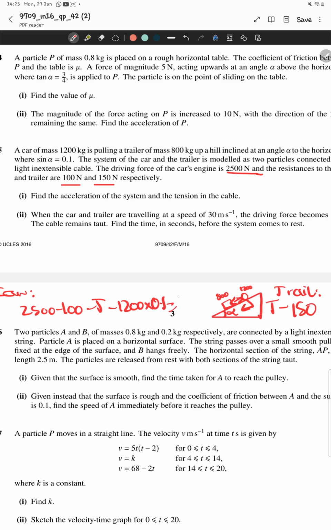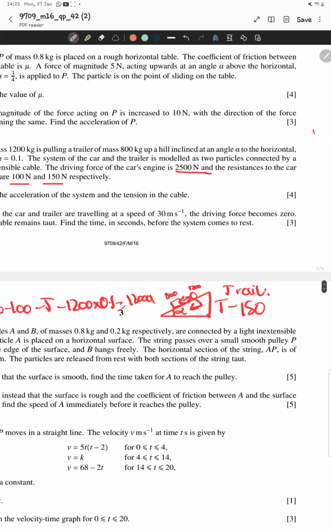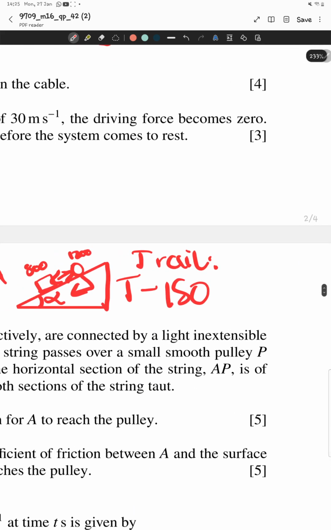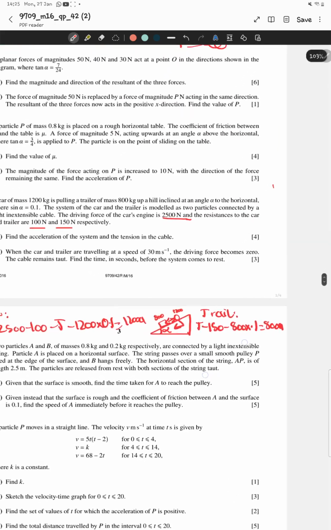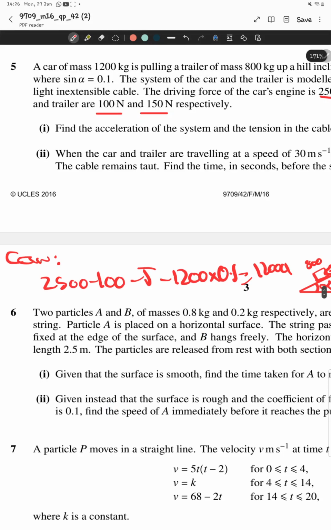So equals 1200 A. And the trailer will be T, the forward force, minus the resistive force, minus the same thing with 800 times 0.1, equals 800 A. So let's just solve this.